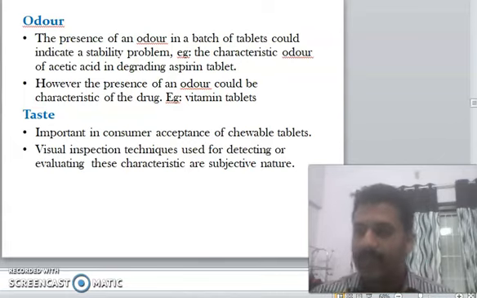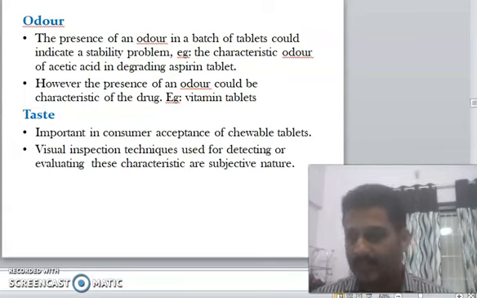This odor is important in consumer acceptance, especially in the case of chewable tablets, and the visual inspection techniques used for detecting or evaluating these characteristics are usually subjective in nature. That is, it depends on the subject. Odor and taste are usually subjective.